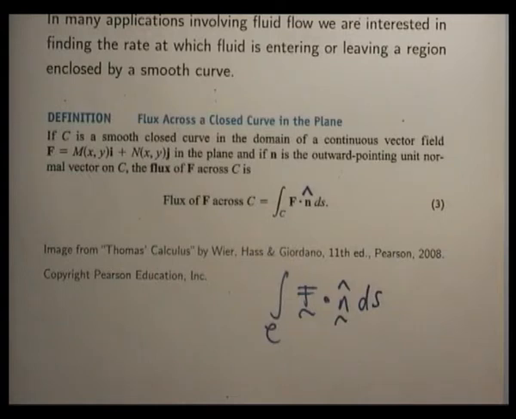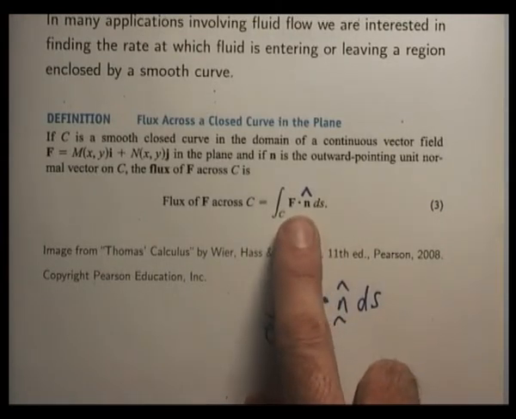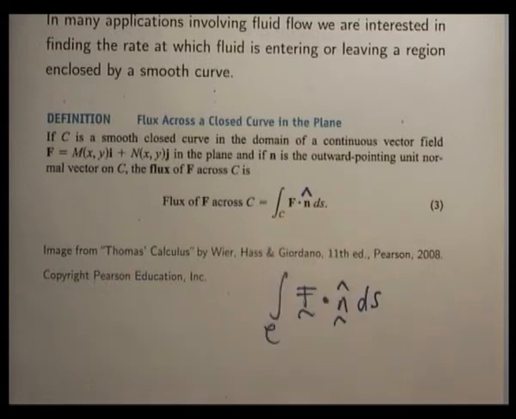So we're not talking about unit tangential components of f anymore. We're talking about the normal component of f, and we're integrating that component around a closed curve. To find the flux, essentially we need to construct an outward pointing unit normal vector, dot that with f, and you'll get some function, and integrate that over our closed curve of interest.